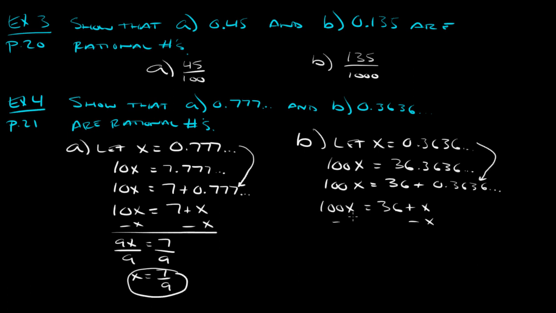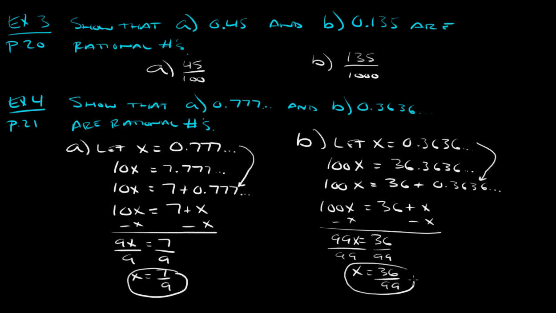We subtract x from both sides. We get 99x equals 36. Divide both sides by 99, and we get x equals 36 over 99. And we're done.